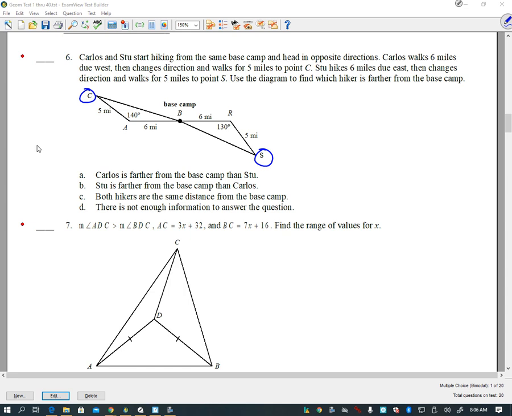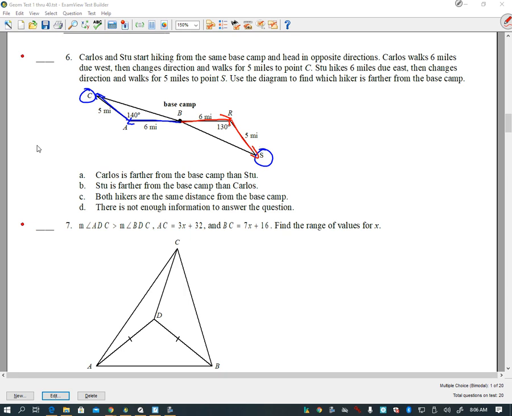Carlos walks 6 miles due west, then changes direction and walks 5 miles to point C. Stu hikes 6 miles due east and then changes direction and walks 5 miles in a given direction to point S. We will use the diagram to find which hiker is further away from the base camp.